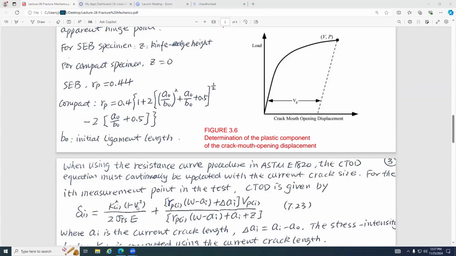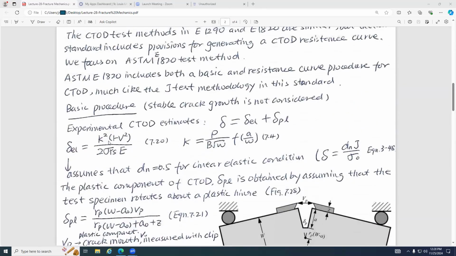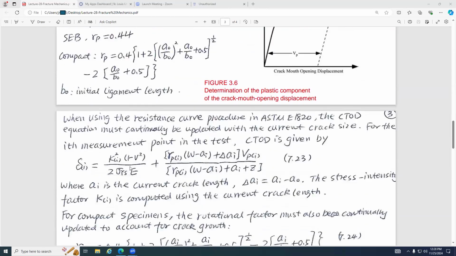This is how we calculate CTOD. When we compare this equation with the earlier one, they are similar, but we add another variable i, the iteration index, which tells you which measurement you are talking about. Since it is continuous, we should not call it the iteration; we just call it the step.